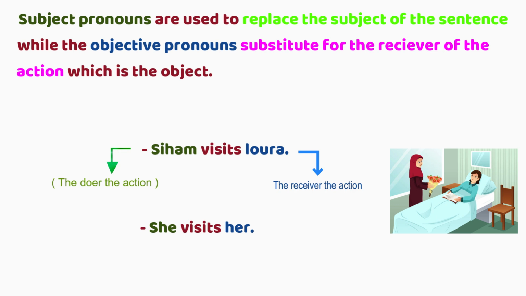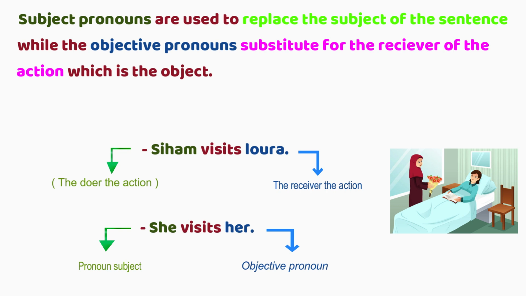We can replace Siham with a subject pronoun, as we see here. We put she. She visits her, and her is an object pronoun.